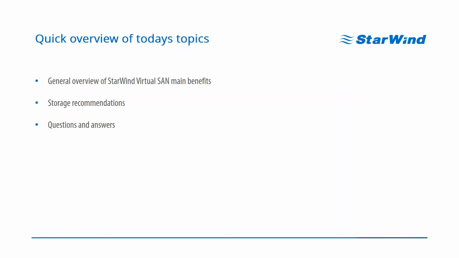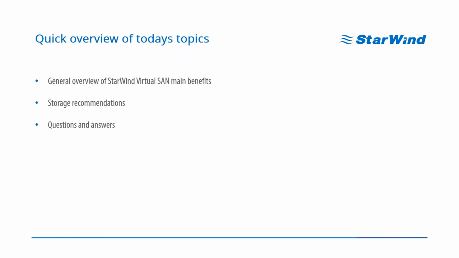Our first topic, our first question, is a general overview of StarWind VSAN and its main benefits. So I propose to focus on the advantages. The main advantage of StarWind is that we are hardware agnostic. You don't need to buy any additional hardware equipment to implement our solution.